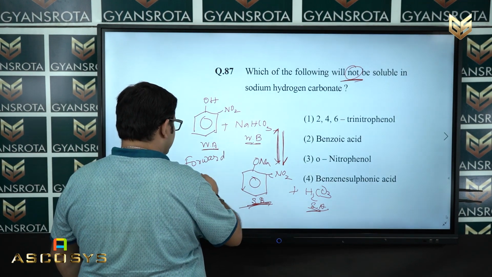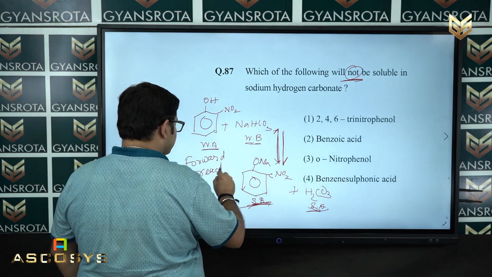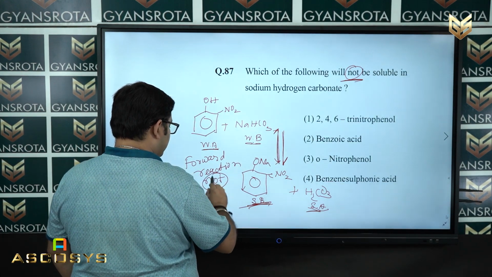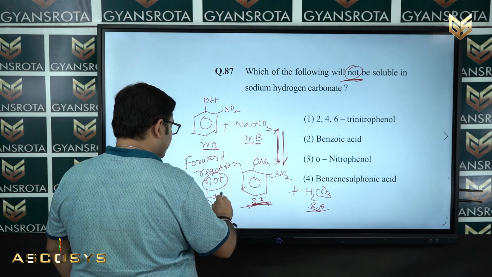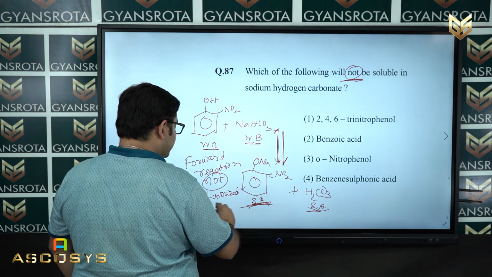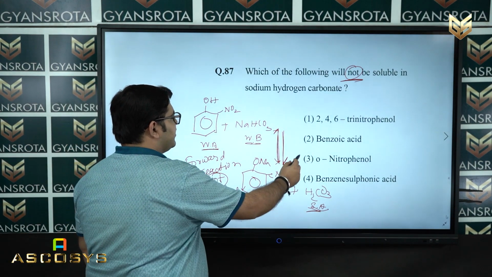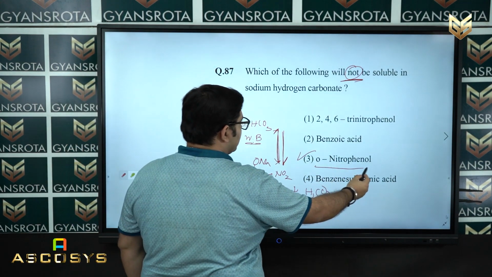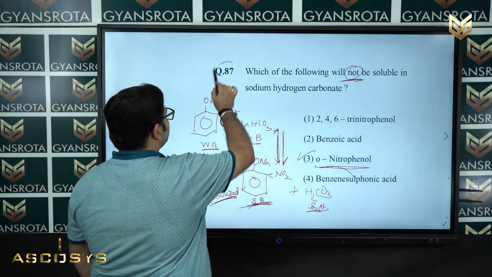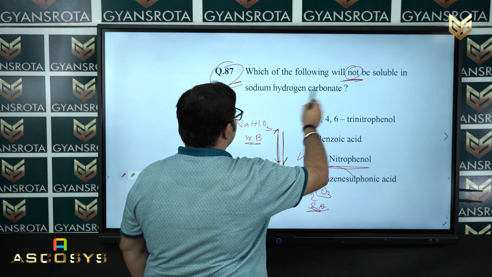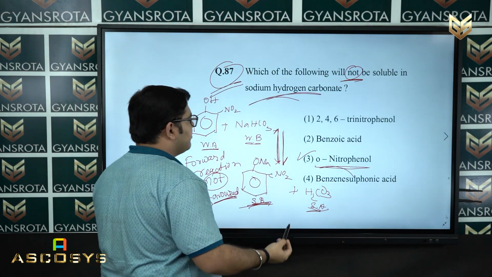So, the forward reaction is not favored. So, your option number 3, that is orthonitrophenol, is the correct answer of your question, which will not be soluble in sodium hydrogen carbonate.